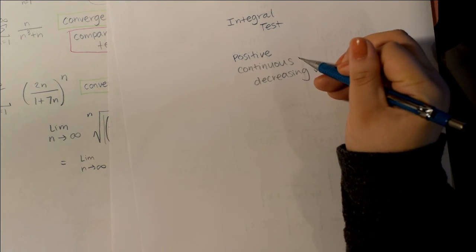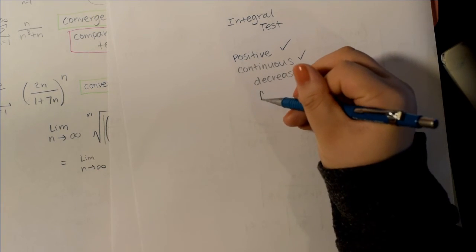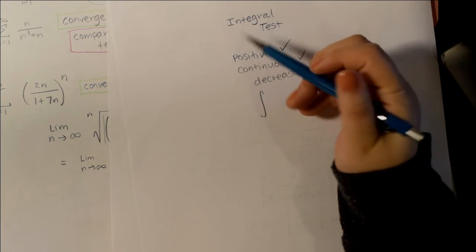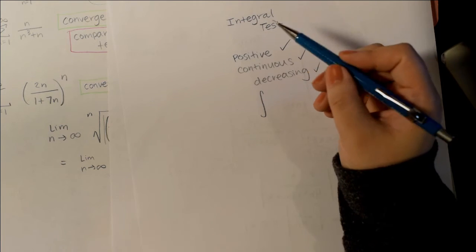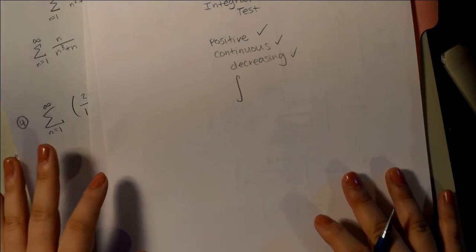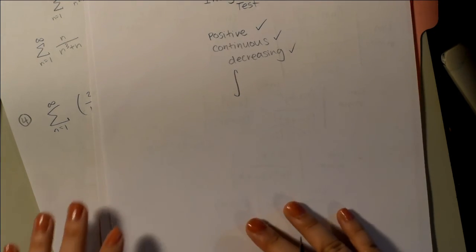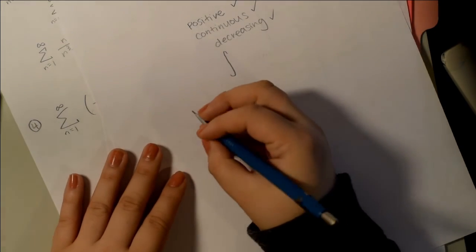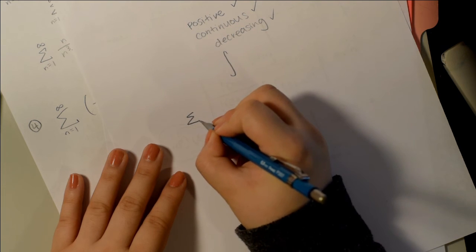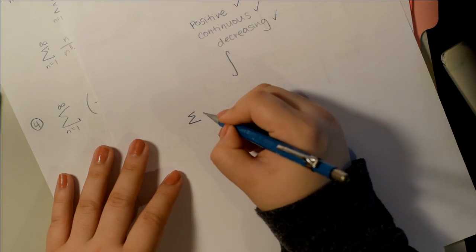And even if those are all true, you still have to actually take the integral of your function. If you want to give it a try, you're welcome to. I'll write it here, but I'll probably work it out in another video, okay?